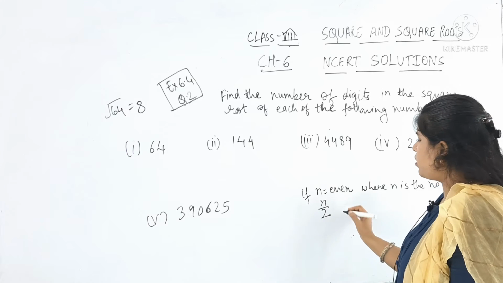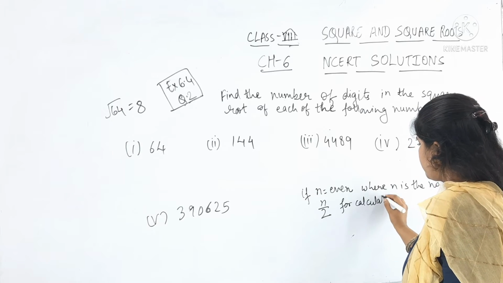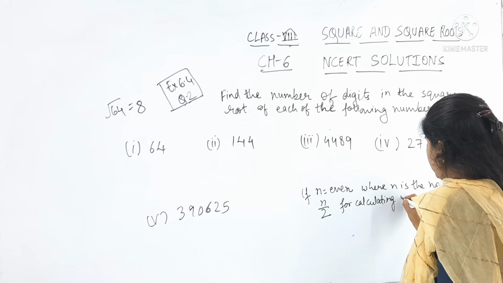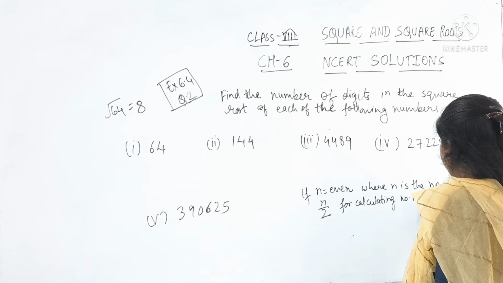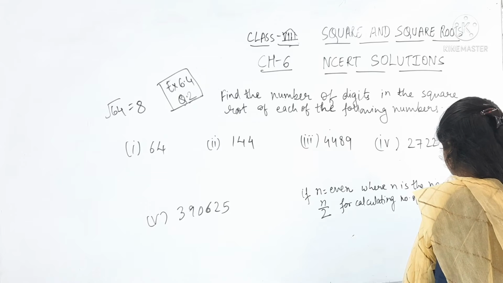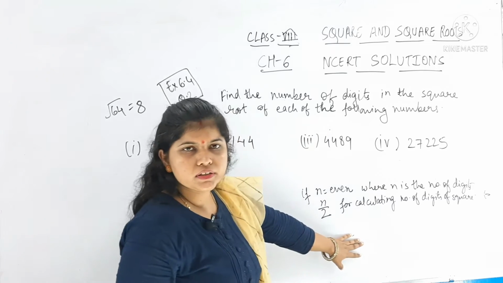That is the formula for calculating the number of digits in the square root.